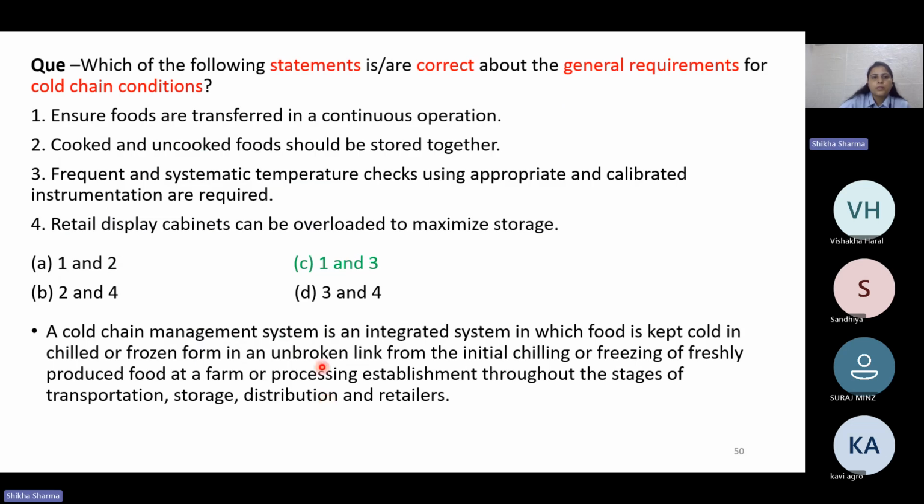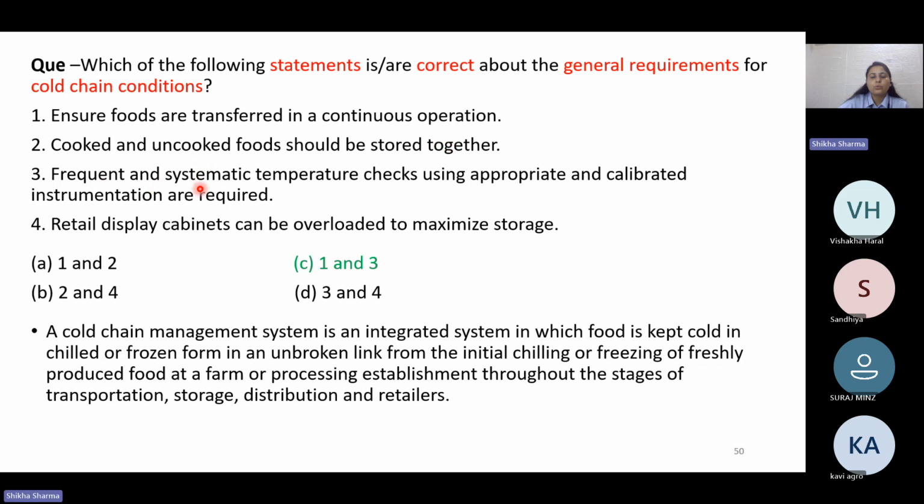So first is correct, that the transfer should be in a continuous operation. Then cooked and uncooked food should be stored together, which is not correct. They should be segregated.